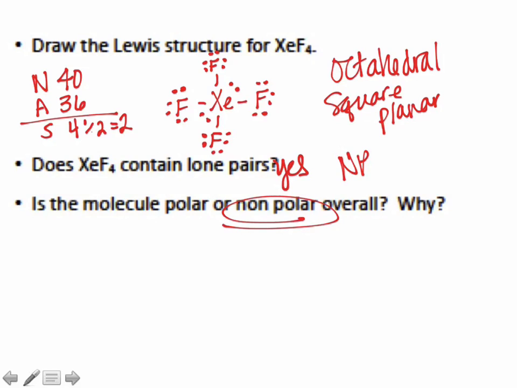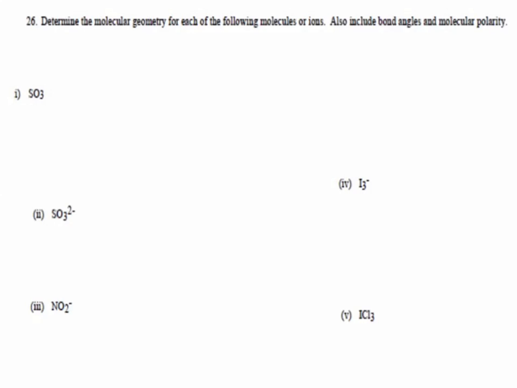Do you want me to draw these next examples with you, or you can do them? SO3. Needed, available, shared. We have 4 atoms. Each of them needs 8, so that's a total of 32. We have 4 that have 6 each, 24.